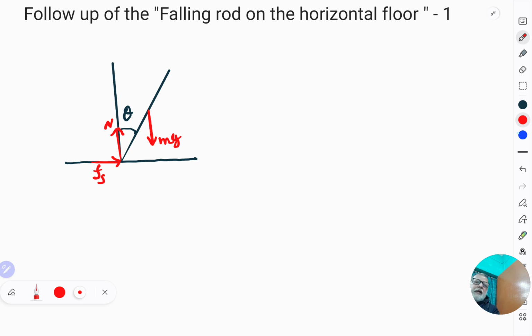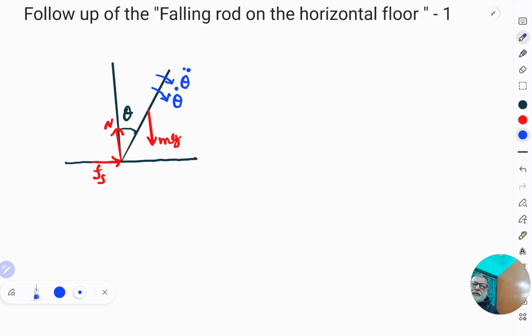And obviously the system has an angular velocity theta dot and angular acceleration theta double dot, d theta by dt and d2 theta by dt square respectively.